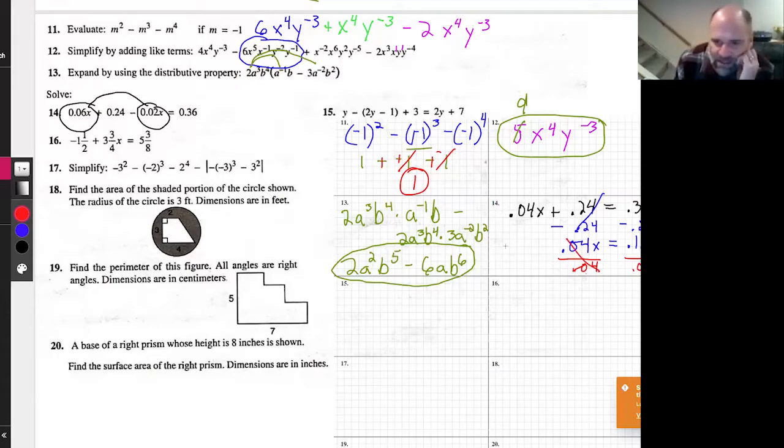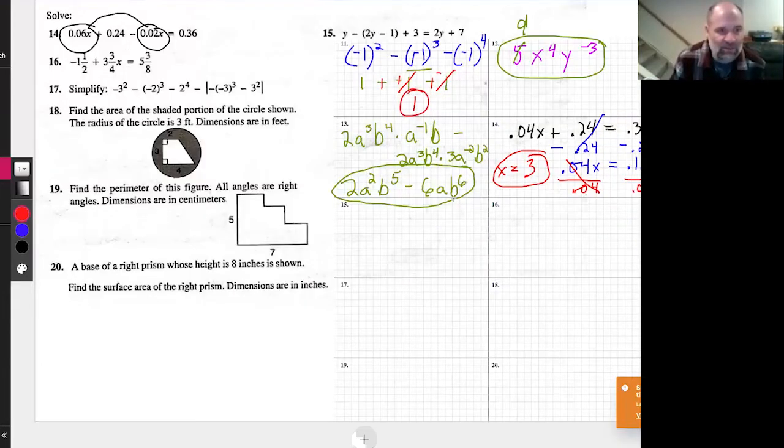Okay, so x equals, if you do that on a calculator or you do it normally, that's just 3. A nice, pretty 3. Is that what you guys got? Okay, cool.